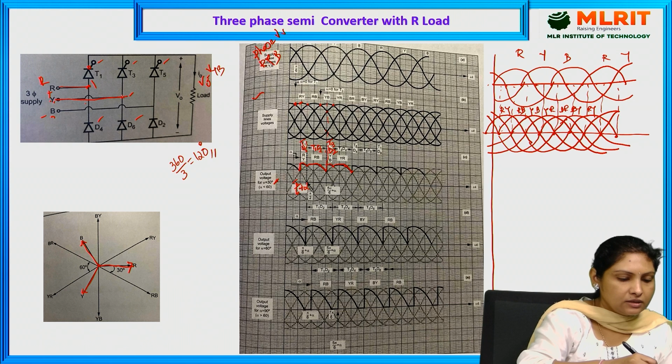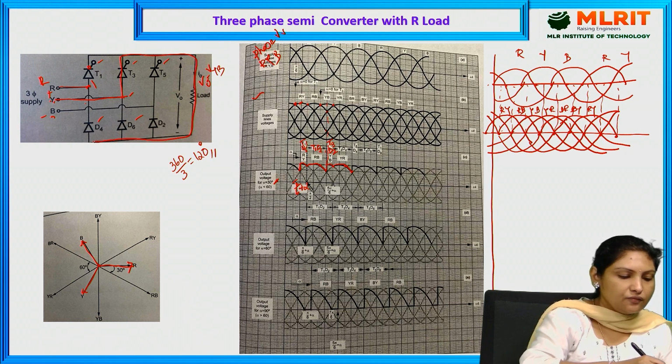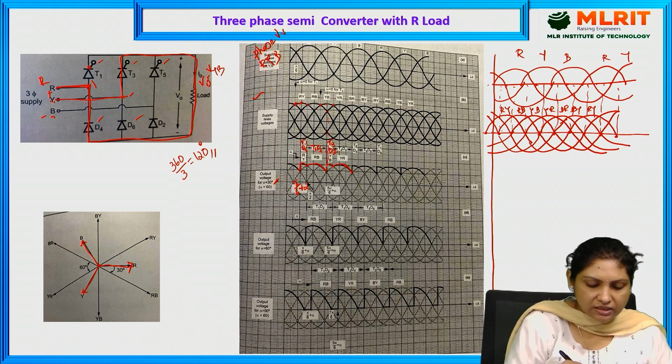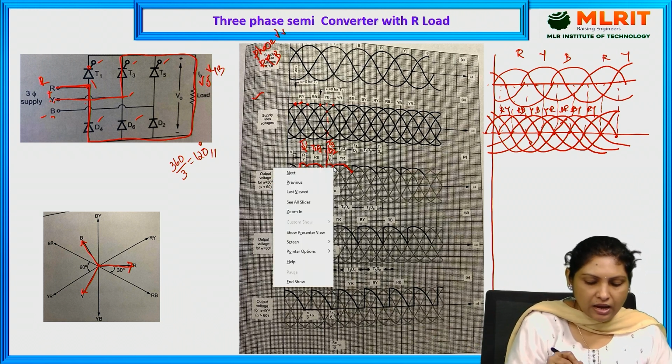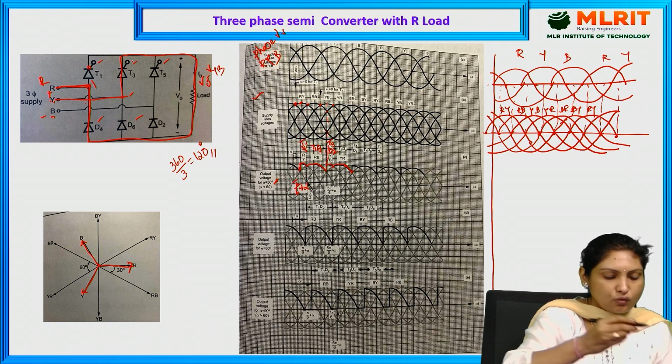T3 is conducting current through the load. Similarly, D4 is now active because of the R phase. So YB is conducting till zero crossing, and now because of YR, T3 and D4 are conducting.